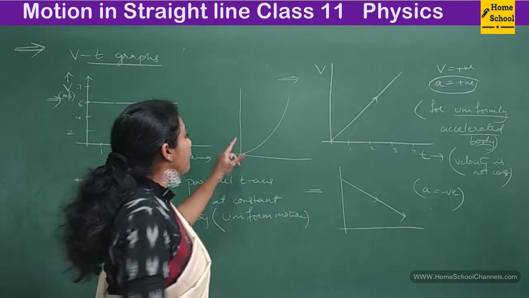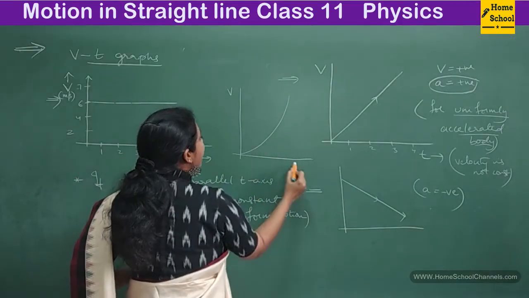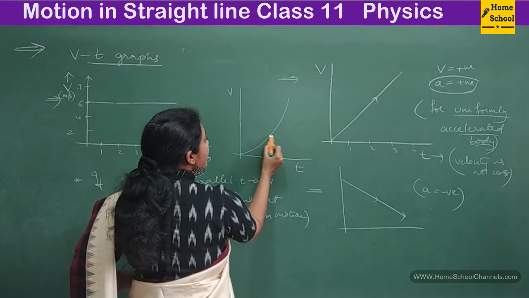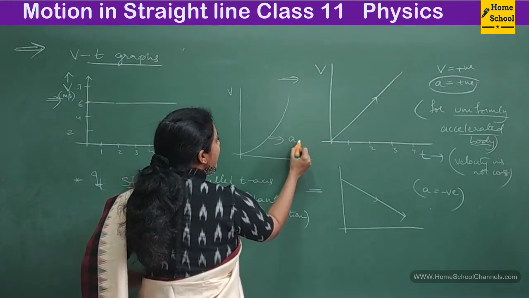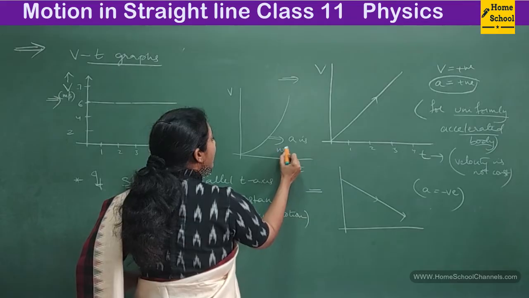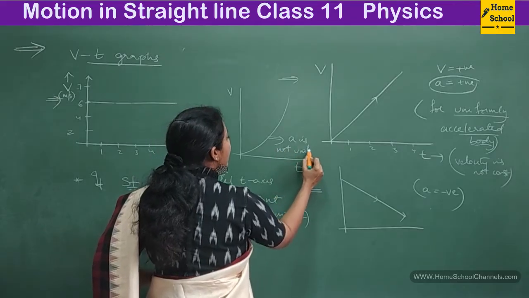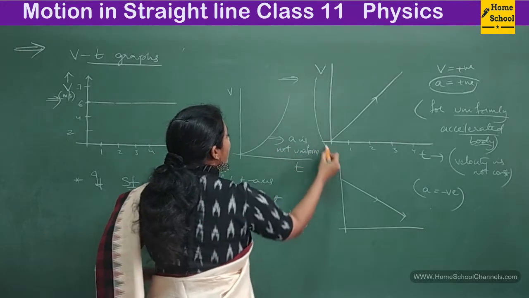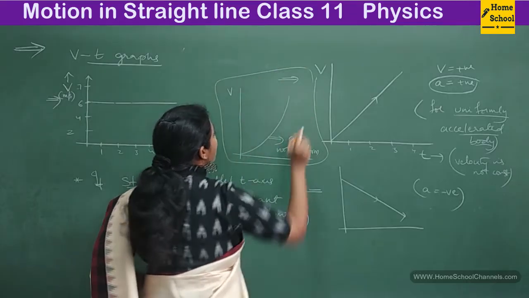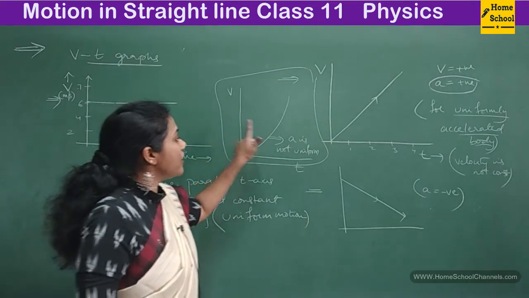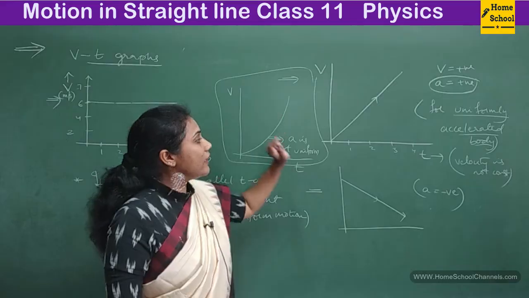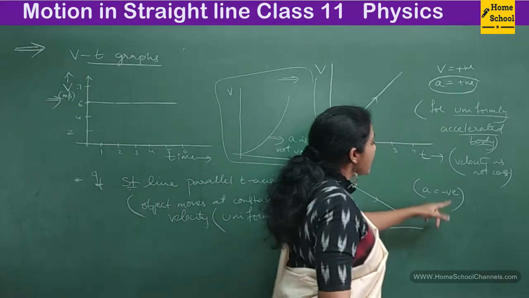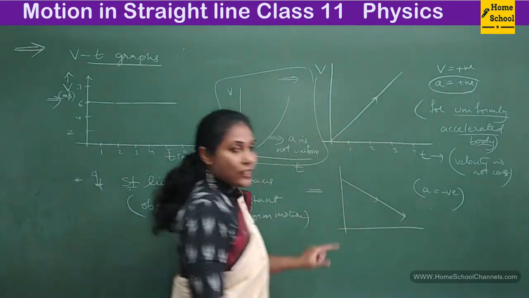So when you get a curve in a v-t graph, it means that acceleration a is not uniform. So for non-uniform motion, that is if the acceleration is not uniform, you will get a curve. If the acceleration is uniform, you get a straight line always.